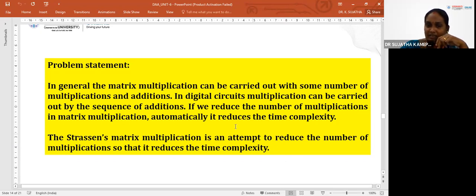So in a matrix multiplication, if we reduce the number of multiplications, it automatically reduces the time complexity. Strassen's matrix multiplication is an attempt to reduce the number of multiplications so that it reduces the time complexity.